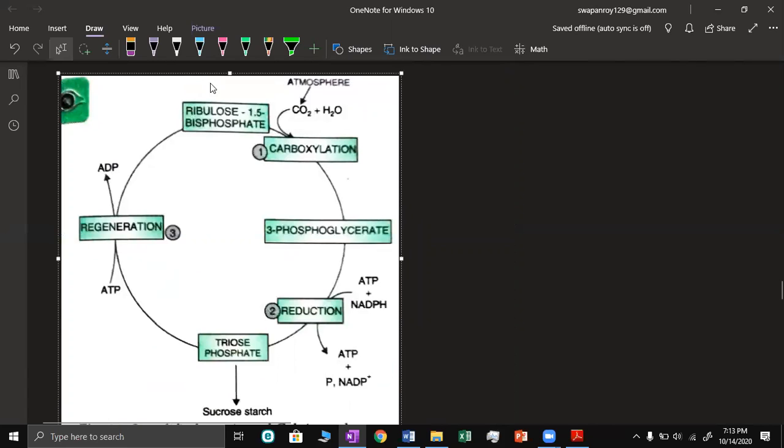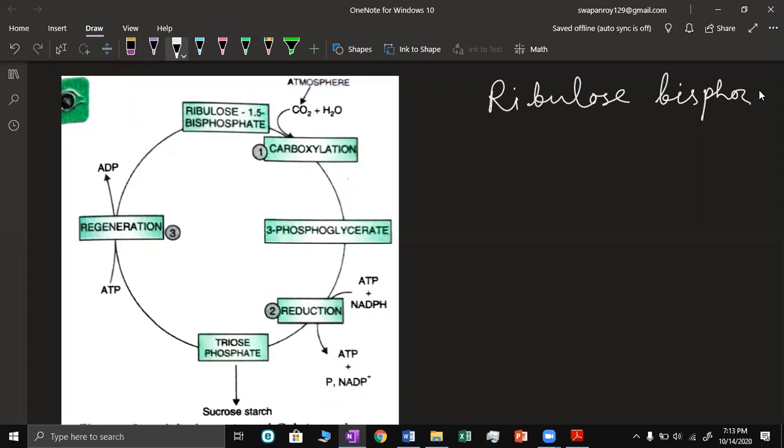First thing is that there is one compound called ribulose bisphosphate.